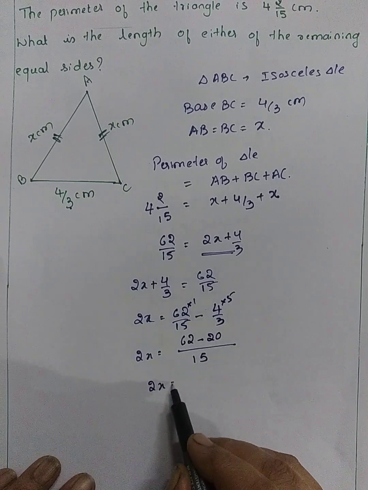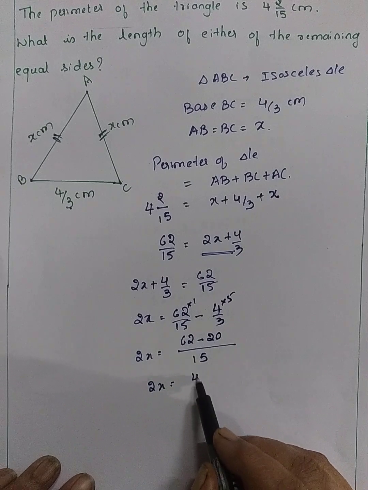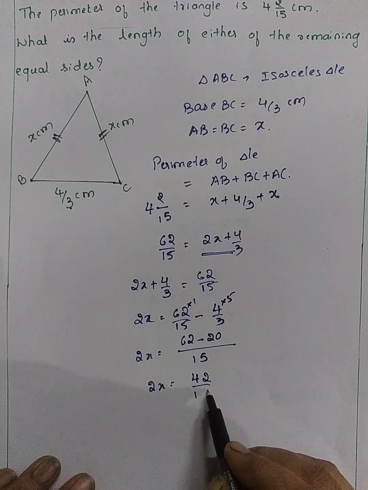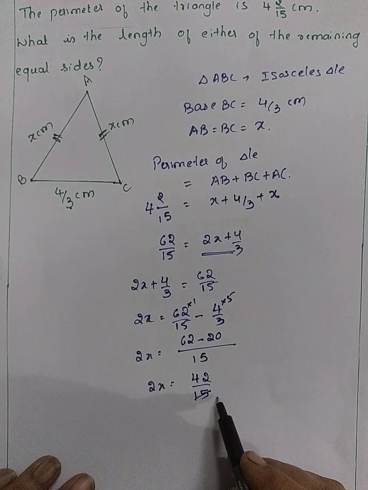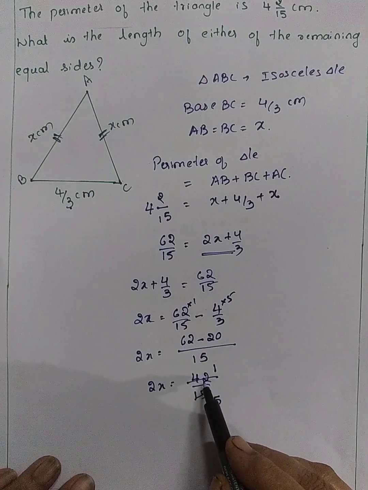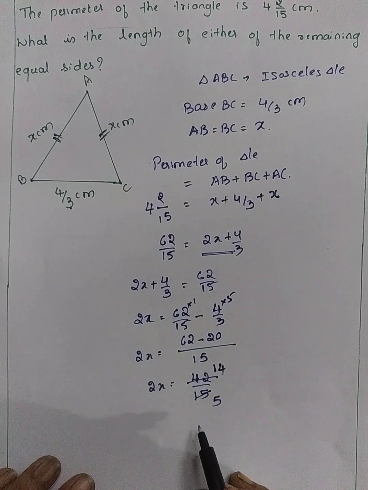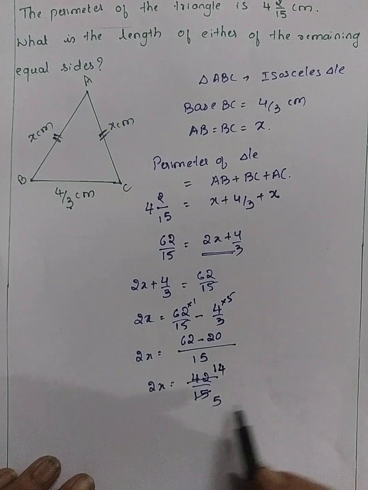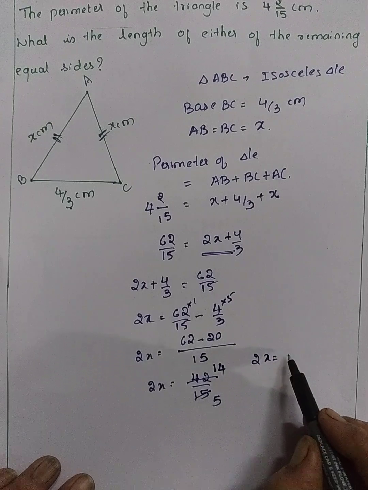That is 2x equal to 62 minus 20, you will get 42 divided by 15. Now you divide: 3 5s are 15, 4 is there, 3 1s are 3, 1 remaining, 3 4s are 12. Now what is remaining? That is 2x equal to 14 by 5.